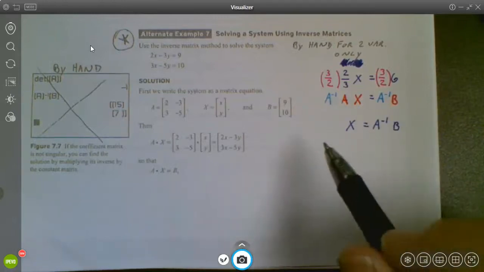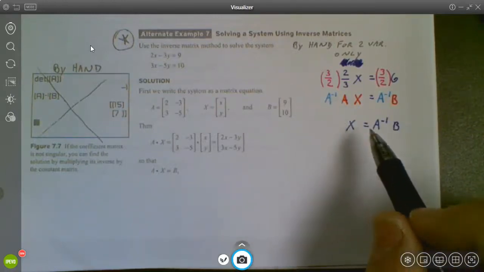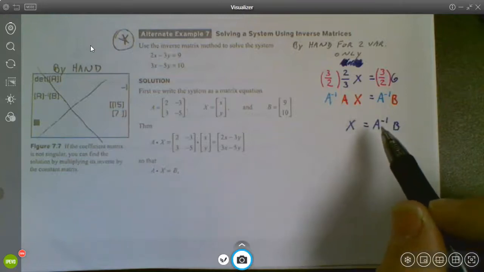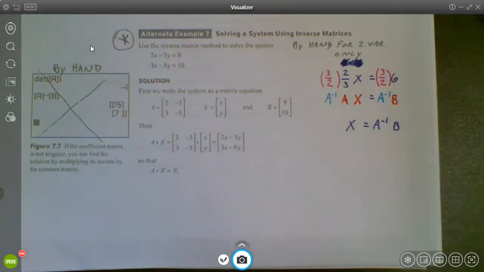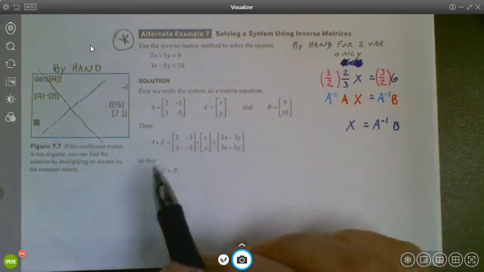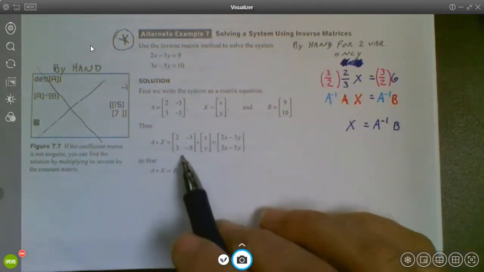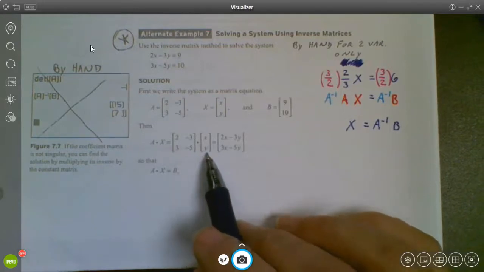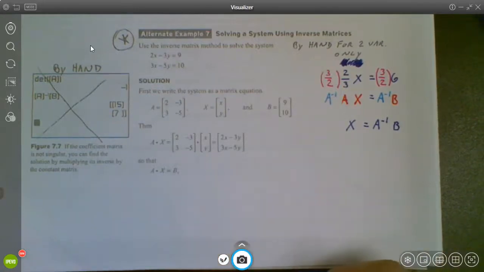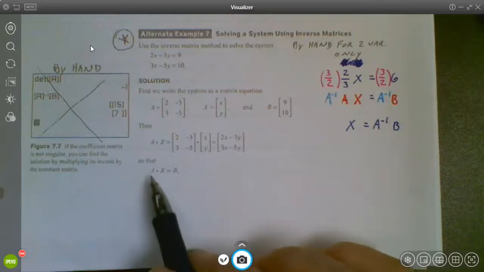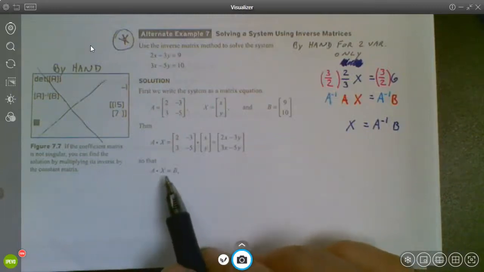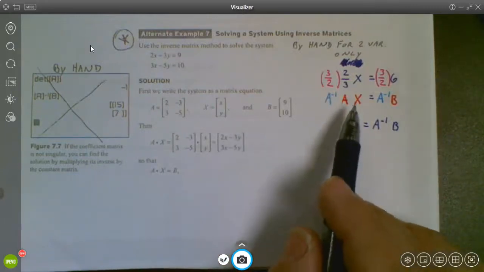So those are the 3 matrices that represent these 3 letters. And so what we have to do is figure out the inverse of matrix A so that we can multiply it times matrix B. So they said, okay, here's the setup, right? This is A, this is X, this is B. This is the setup that they're giving us, the same thing that I was showing you right here in red.